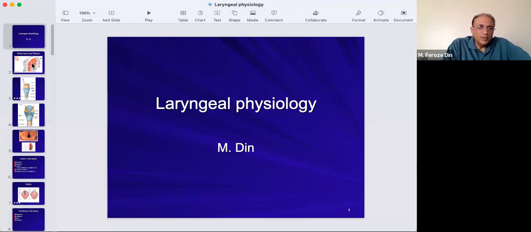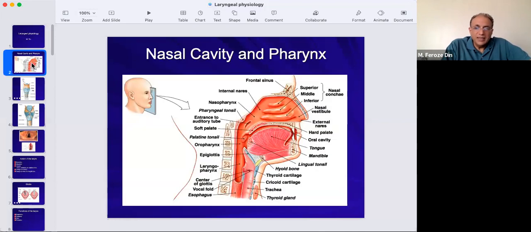So to start with, what is the larynx? The larynx is the junction where the nasal cavity and the pharynx divides into the lower respiratory tract and the gastrointestinal tract. The larynx basically starts at what we call the laryngopharynx.